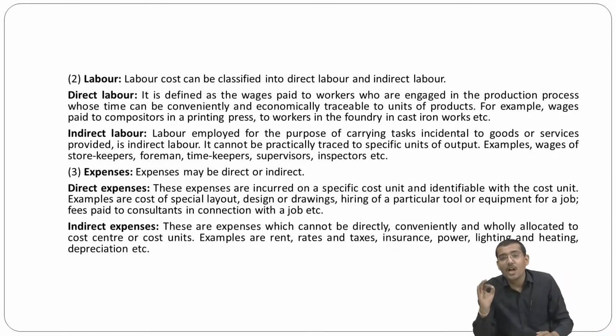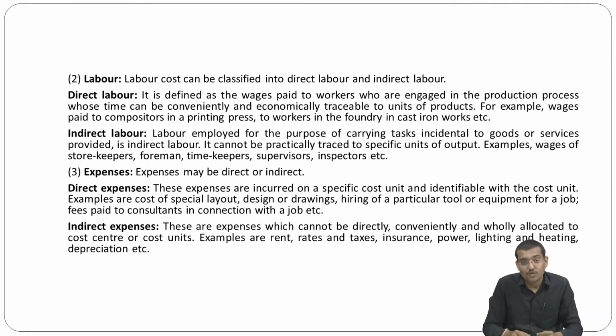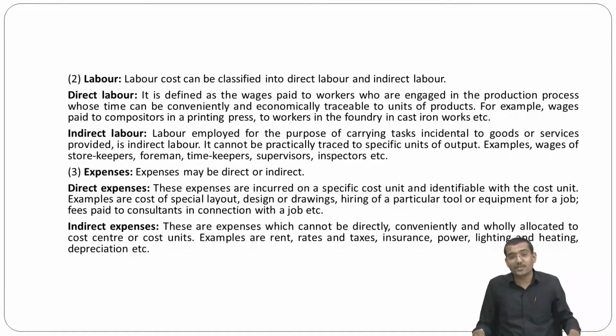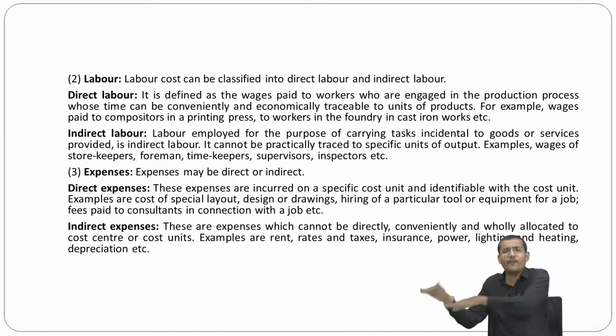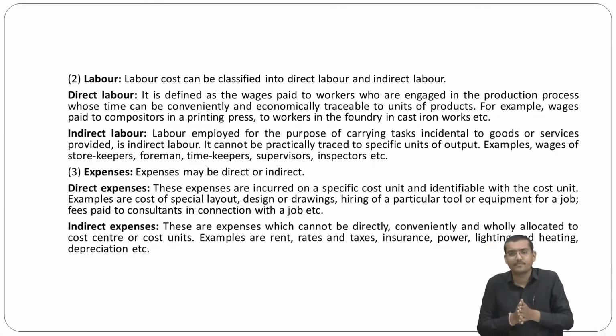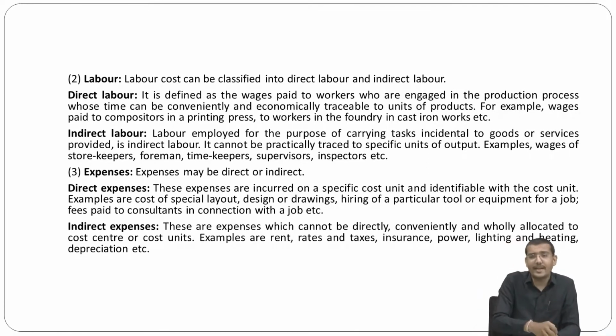It cannot be practically traced to a specific unit of output or production. For example, wages of stockkeeper, foreman, supervisor, inspector, timekeeper, etc. These indirectly affect your production, and what you pay for them is considered indirect labor.